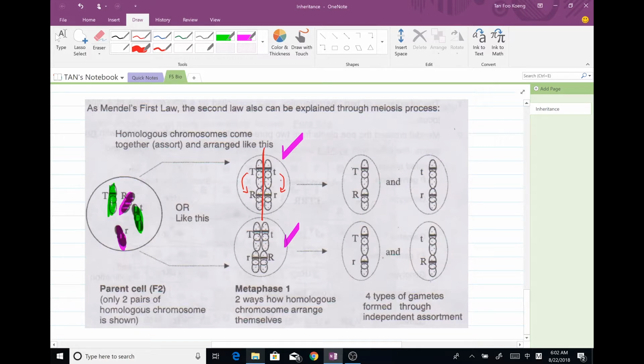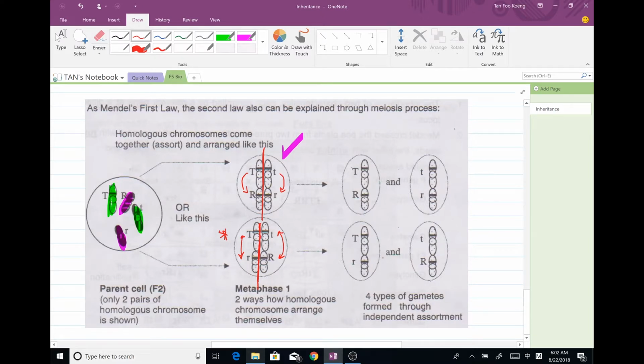However, there is equal chance for the homologous chromosomes to arrange themselves this way. If they arrange themselves at the metaphase plate this way, then during anaphase 1 and anaphase 2, they are going to separate this way. You get big R and small r in one gamete, and small t with big R in another gamete.